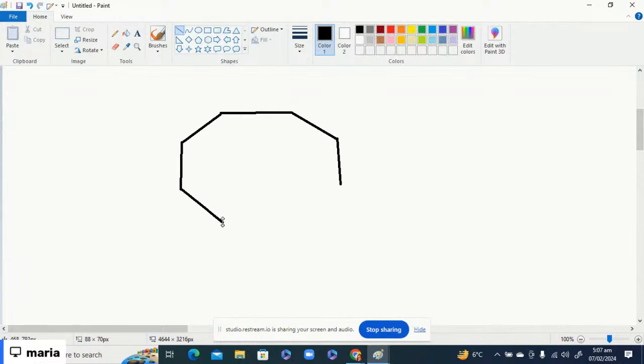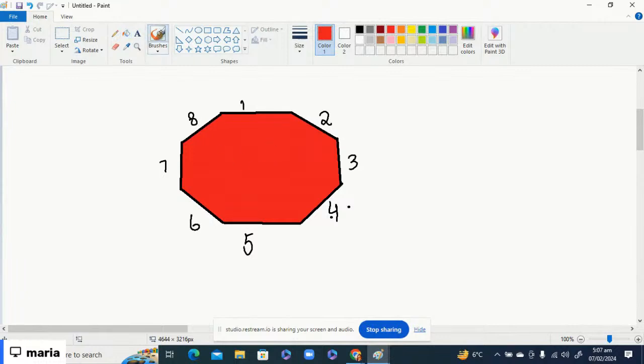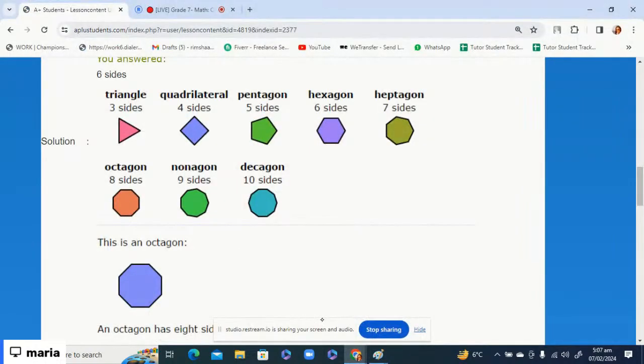Now let's count: one, two, three, four, 5, 6, 7 and 8. So how many total sides? These are 8 total sides, so we can say these are the 8 sides of an octagon. Which shape is that? That is an octagon, which has 8 sides like this. We count it out.